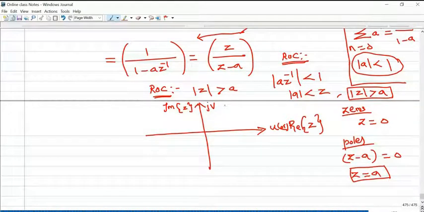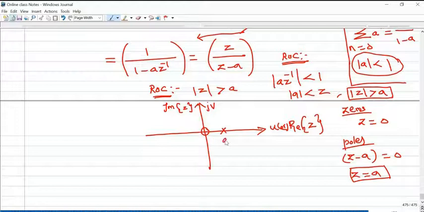So how to plot? This is the symbol for zero. Z equal to 0 at the origin. Z equal to A: this is the origin, it will come on the right side, right? Somewhere you plot.